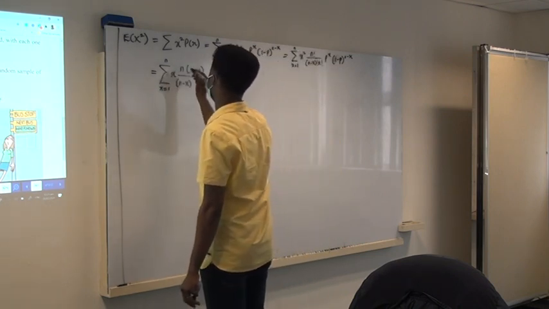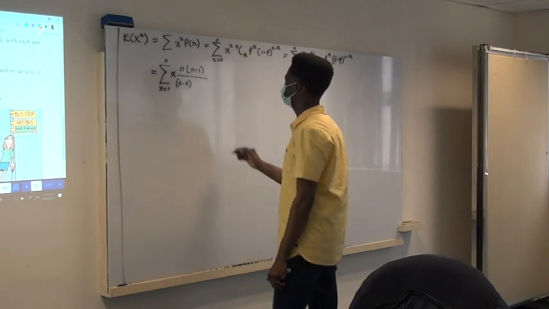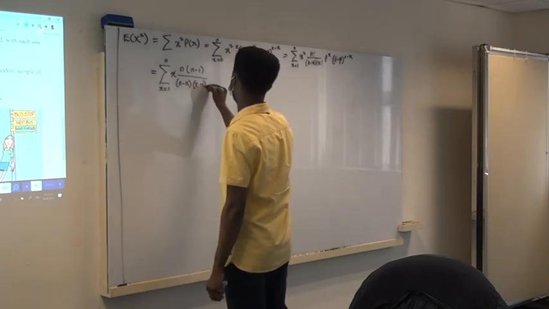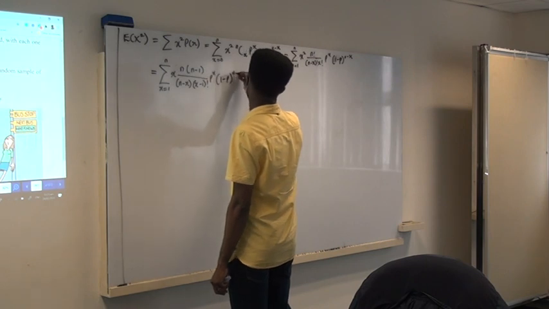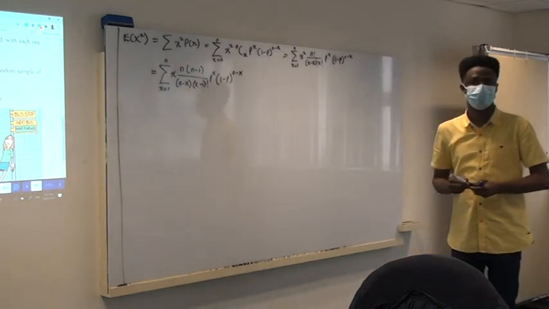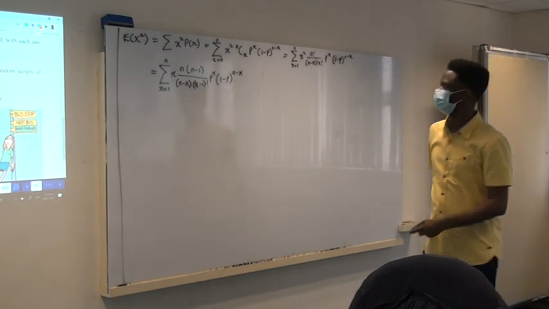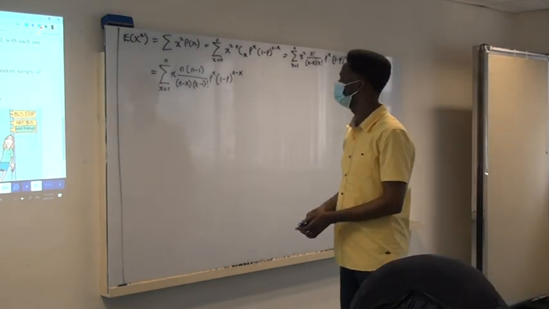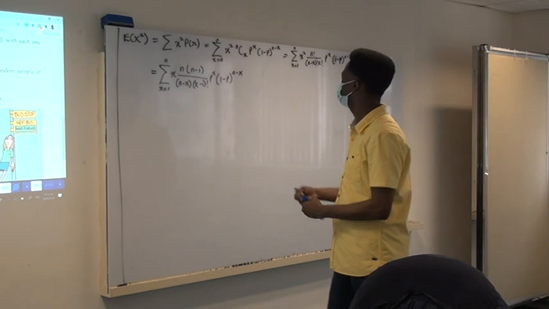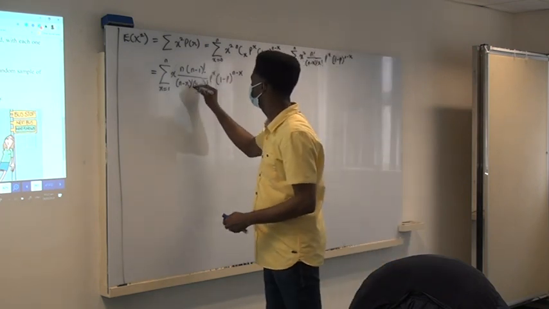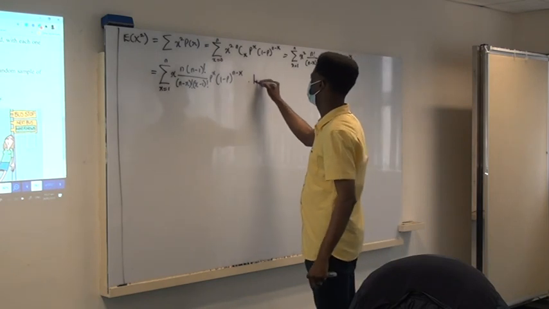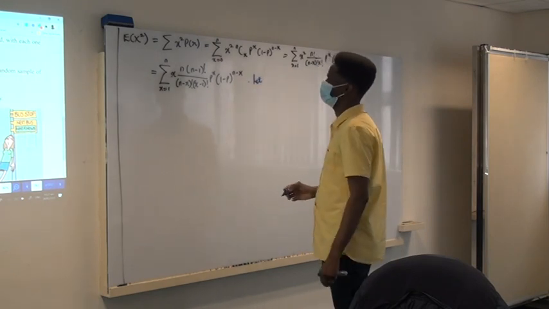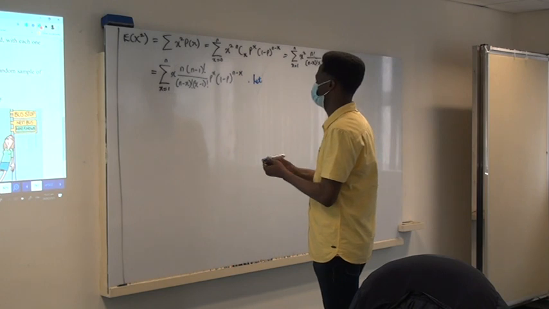Put it here. Like this. And this will be x minus 1 factorial, p to power x, 1 minus p, n minus x. Is it okay to write this? Talk to me, please. Yes, okay. So let's, where? At the top. And here. Okay, thanks. So again, let's do the transformation. N will be released.